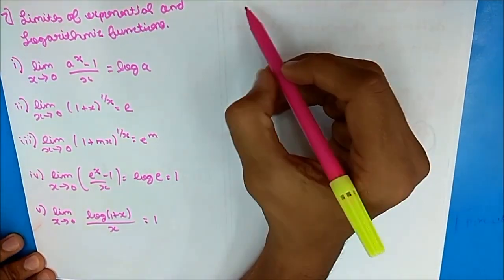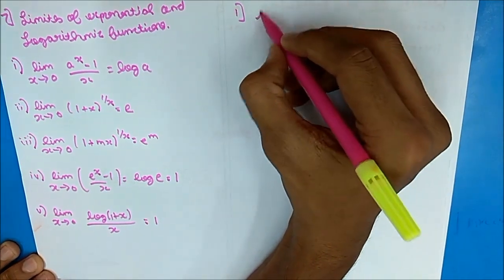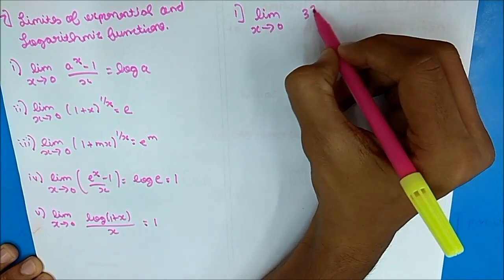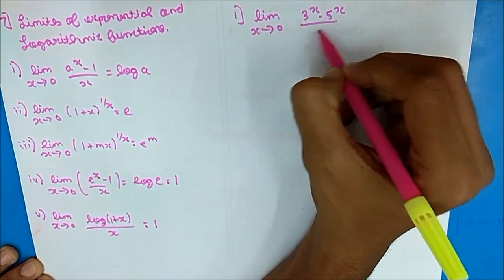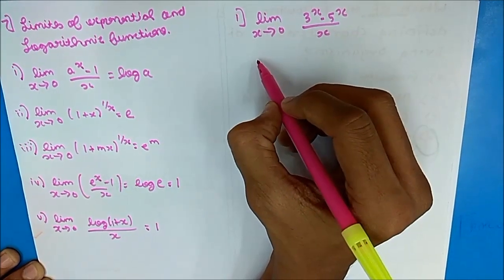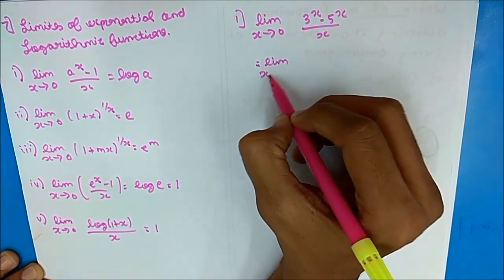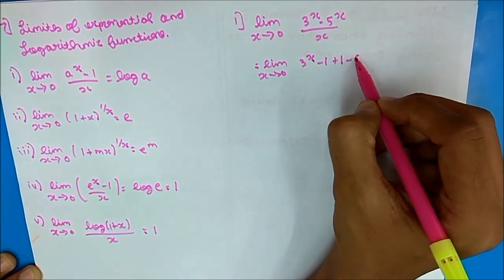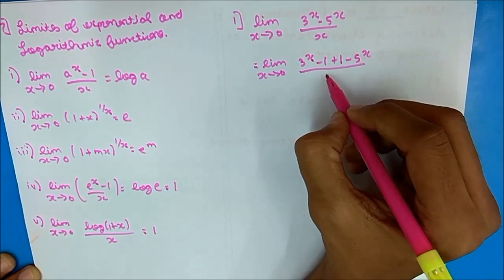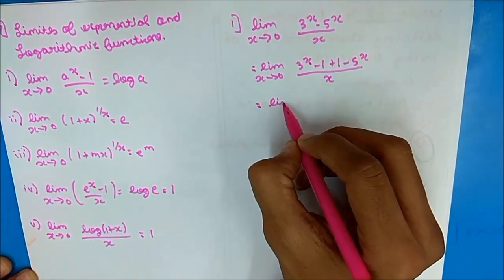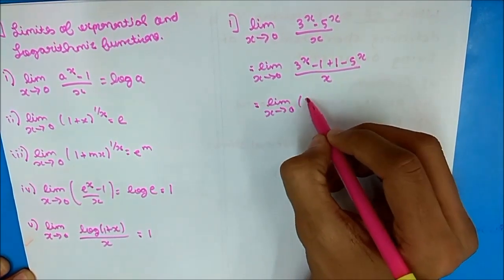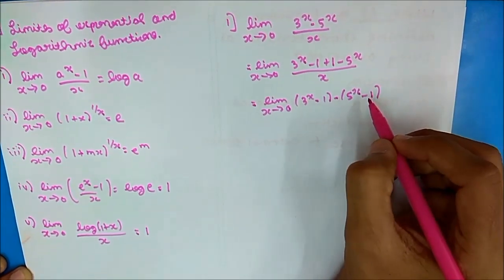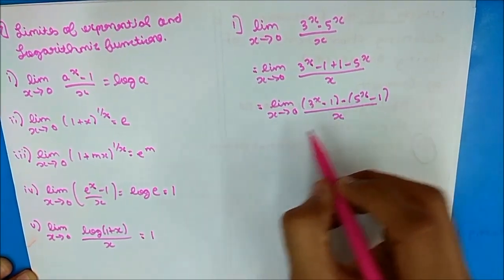Now we'll take some basic examples. Limit x tends to 0 of 3 raised to x minus 5 raised to x upon x. So that is limit x tends to 0 of 3 raised to x minus 1 plus 1 minus 5 raised to x upon x. That is limit x tends to 0 of 3 raised to x minus 1 minus 5 raised to x minus 1 upon x.